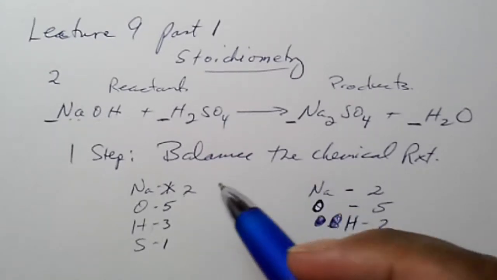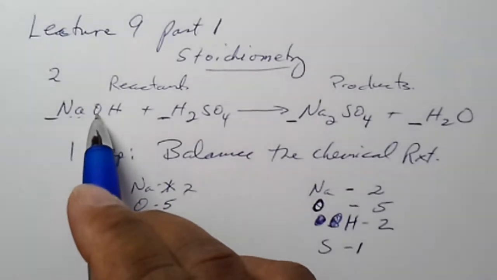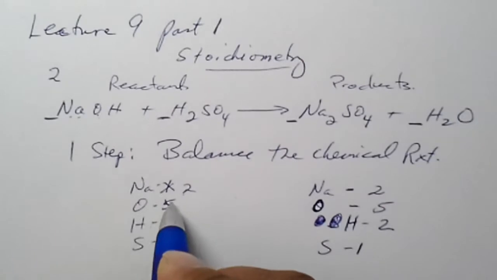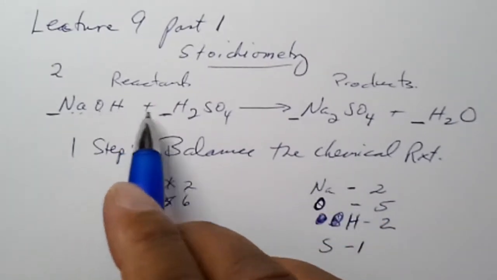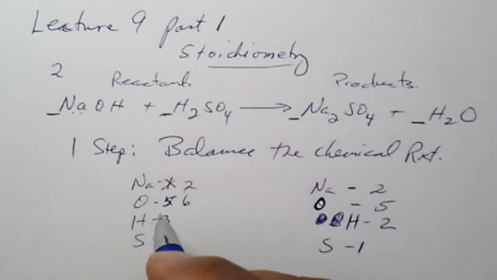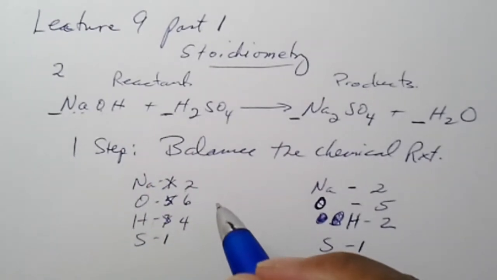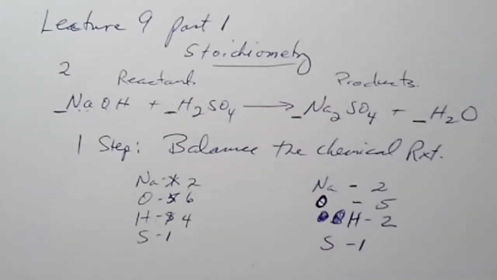Alright, they're balanced. Well, what did I shift when I did that? I shifted the oxygens. We have 6 now on this side. Hydrogens, did I shift the hydrogens? Yes, I have 4 now on this side. And how about the sulfurs? No, they didn't change.